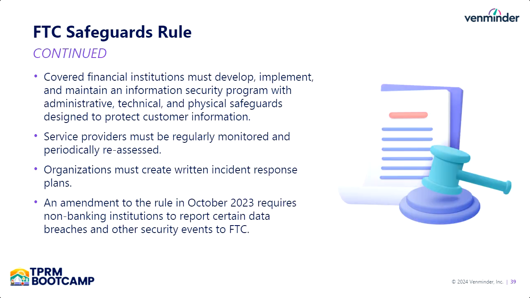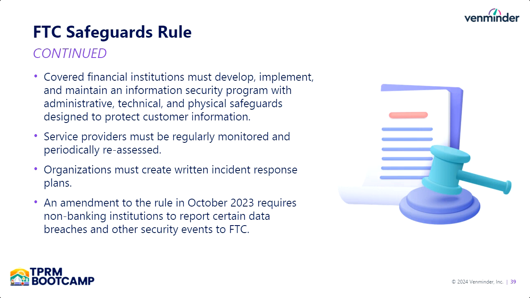The Safeguards Rule also provides details on how an organization should develop, implement, and maintain an information security program. Another requirement is to regularly monitor and reassess your service providers based on the risk to your organization. So again, this follows that risk-based approach that I mentioned before in the interagency guidance.